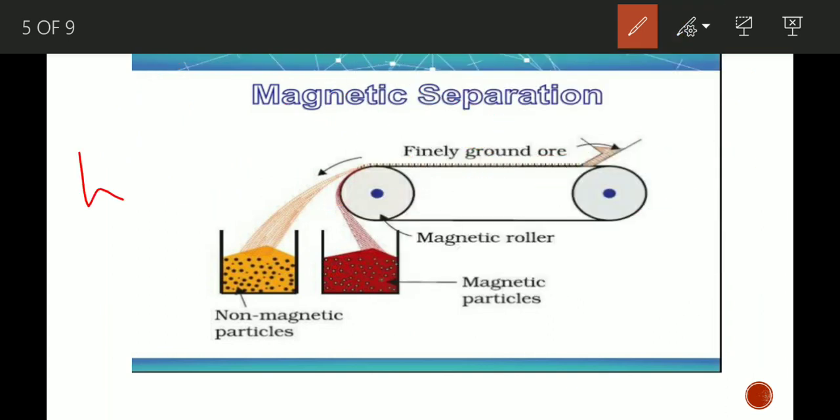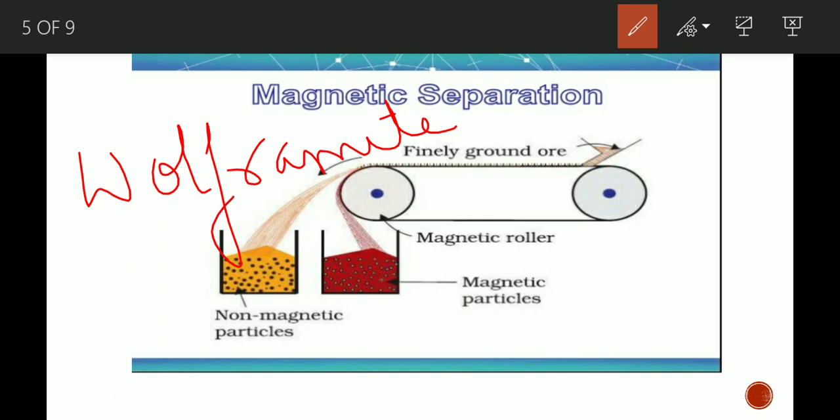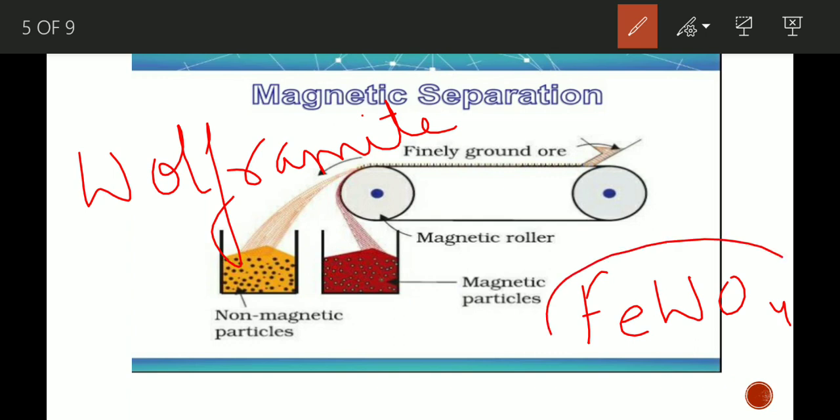I am writing the spelling again. Wolframite. Okay, and the formula for this is FeWO4. So magnetic impurities of this wolframite are separated from tin stone by using this method.